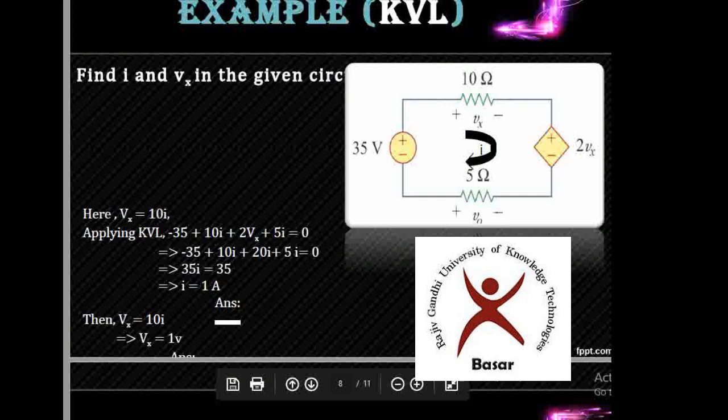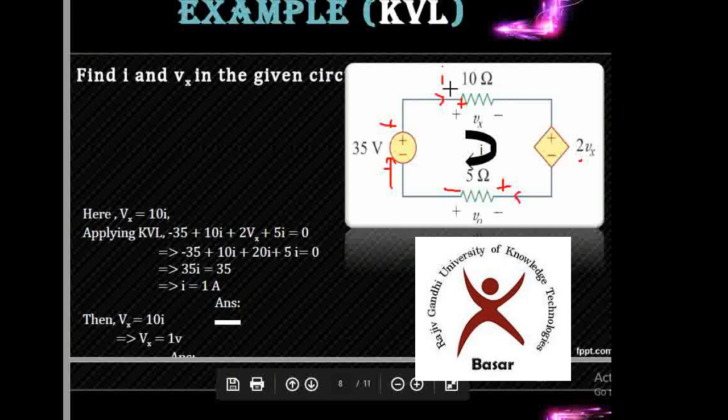Let us take the entering notation as the sign. We enter the loop from here, so the first term is the negative of 35, that is minus 35. Across the resistor it is plus 10 times the current I, because we write voltage, which is resistance into current.